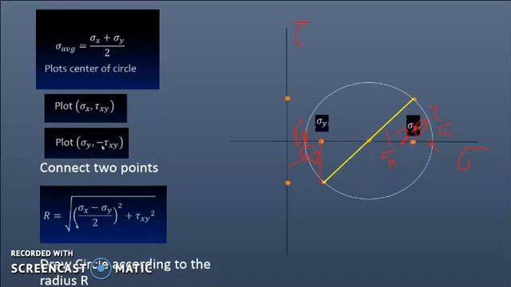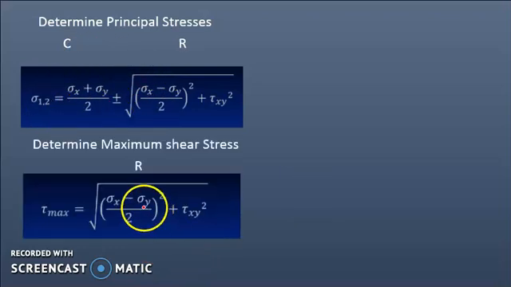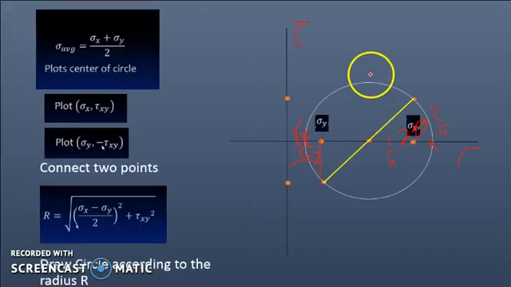Similarly, the center point minus the radius will give you sigma 2. And if you want to find the maximum shear stress, we can go back and see here. This is the point at which we'll be having the maximum shear stress, which we can measure.